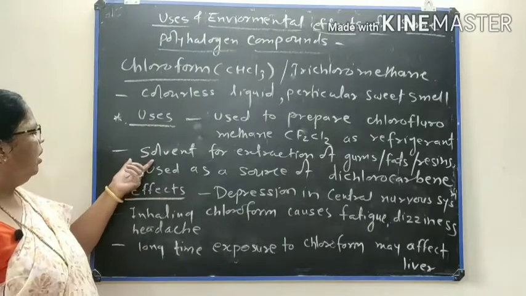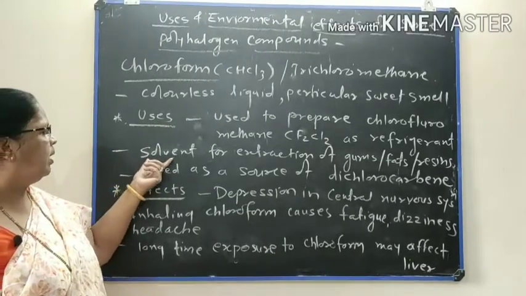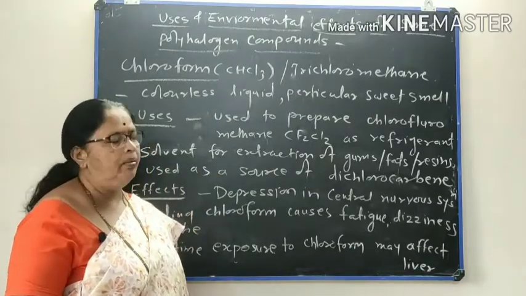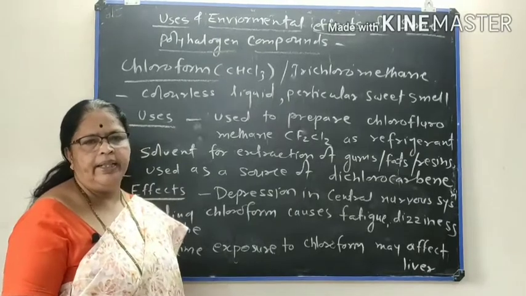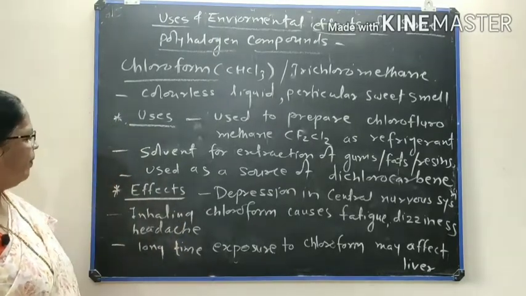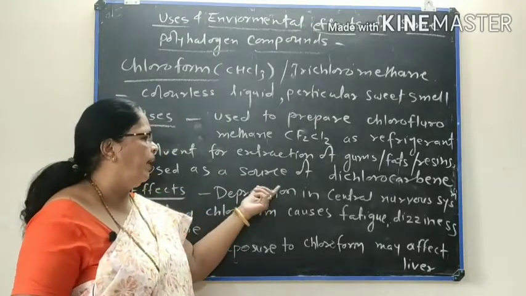Then next, chloroform is also used as a solvent for extraction of gums, fats and resins. Again, it is used as a source of dichlorocarbene.